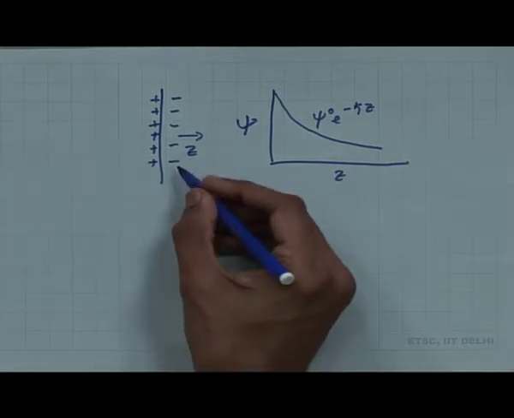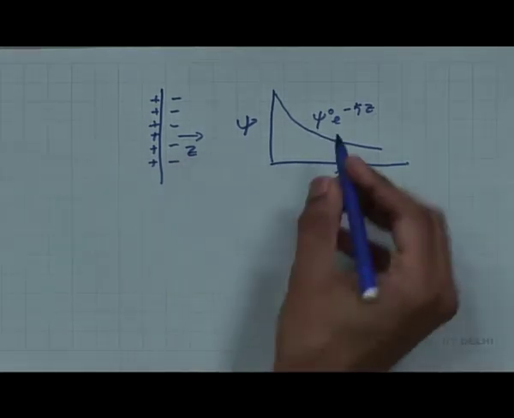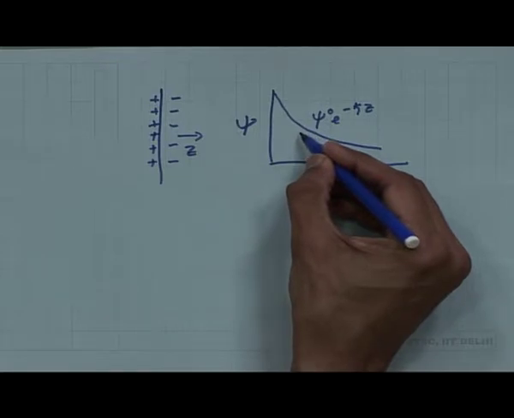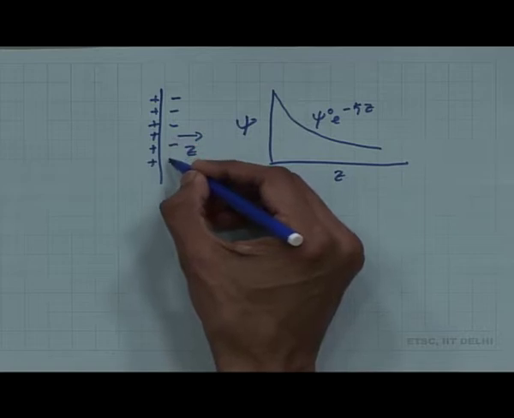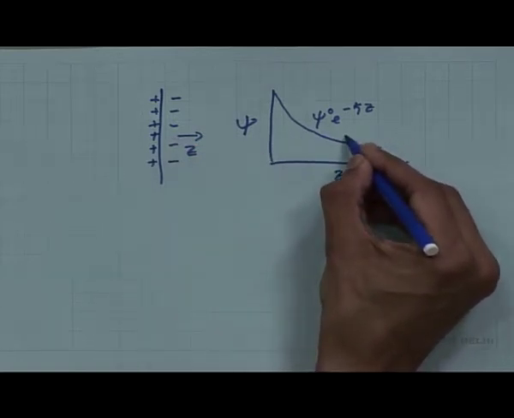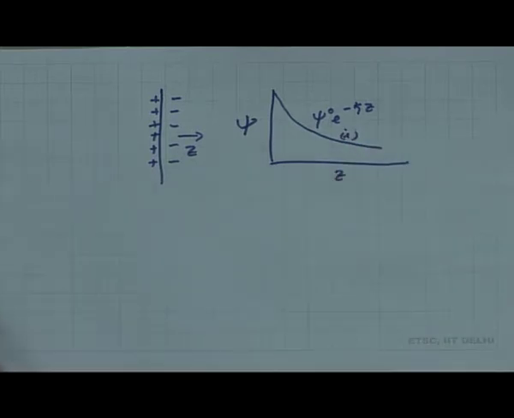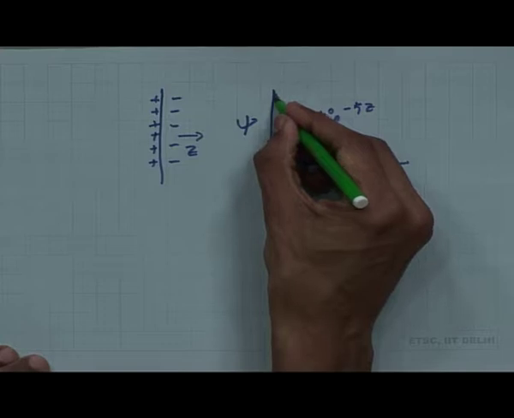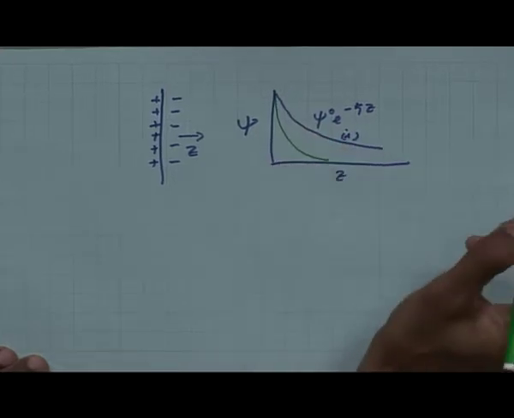Now, if you add an electrolyte here, the potential variation is going to be different. As you increase the concentration of the electrolyte, call this 1, this is going to fall off faster.